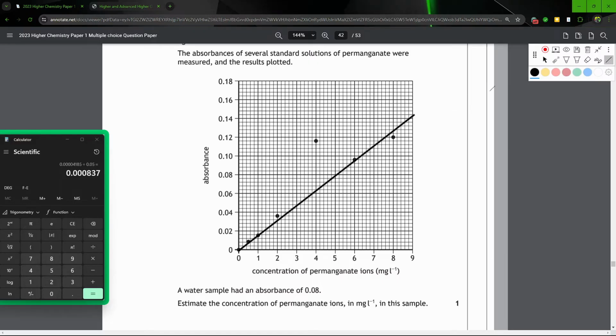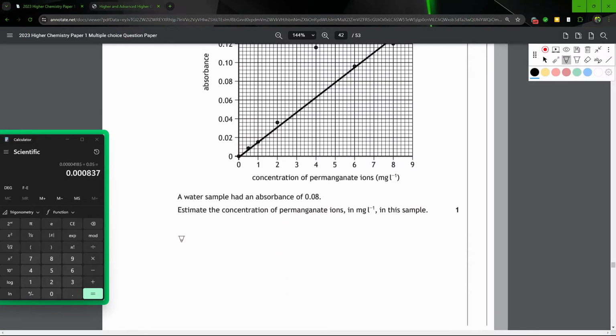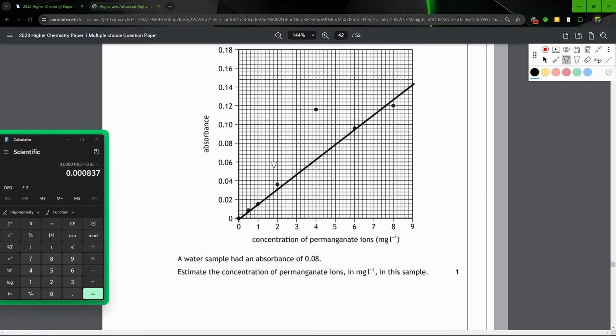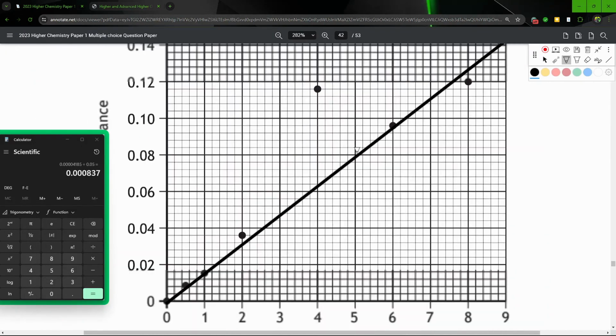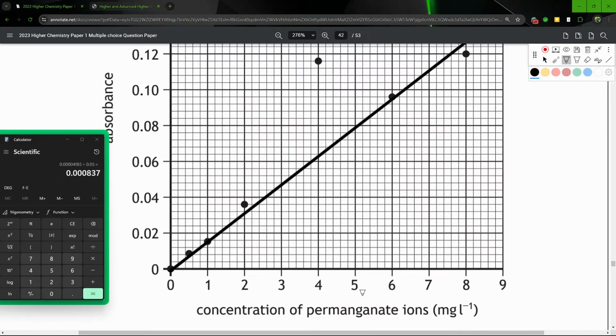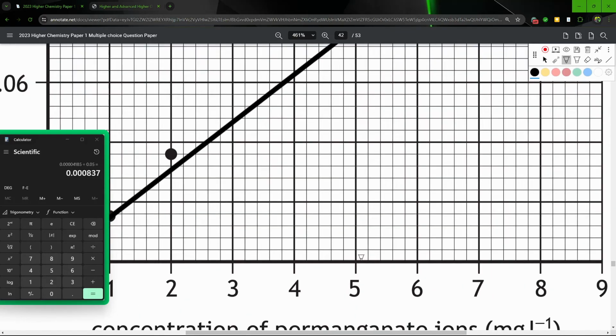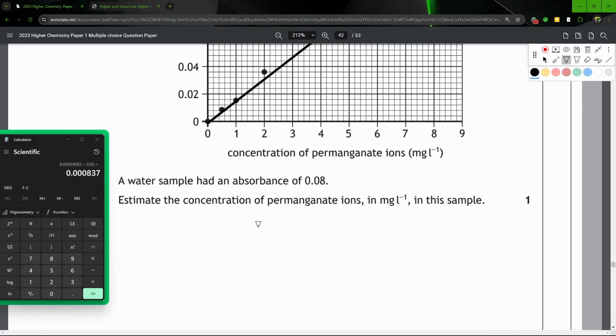They'll accept whatever line, as long as your line is passably a line of best fit. So we estimate: it says the absorbance is 0.08, so we look at our line, and 0.08 is about halfway between those two. So it'd be 5.1 milligrams per litre.